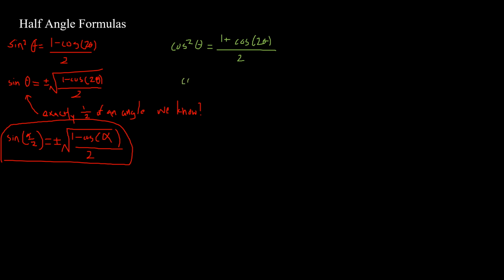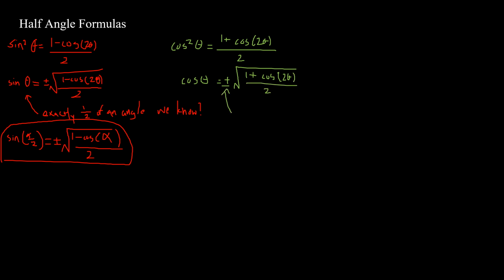Again, we can just square root both sides to get that cosine theta is going to be equal to plus or minus the square root of (1 plus cosine 2 theta) over 2.